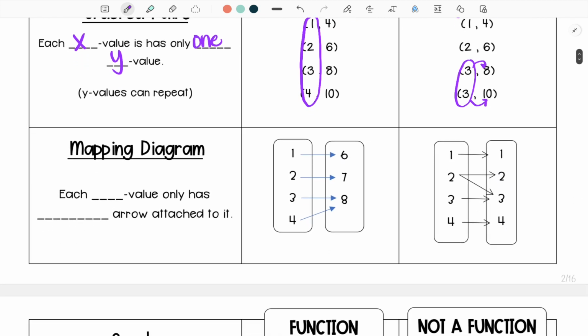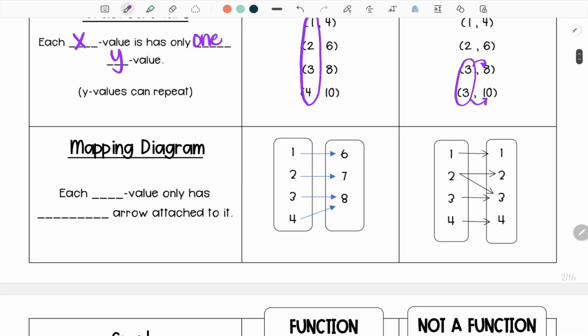Okay, with mapping diagrams, again, they're just ordered pairs, just written a different way. So the arrow shows you the ordered pair. So see this arrow right here? That means that the ordered pair is 1, 6. Okay, so this is my x and this is my y. And again, it's that each x value has only, and this time it's one arrow attached to it.